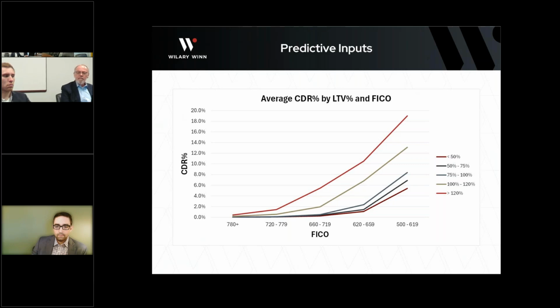One is if you're underwater, you're just more apt to mail the keys, right? Even if you have a high FICO score. Or if you're in a lower FICO score and you're underwater with respect to LTV, you can't do anything about it. So you can't refinance. It's difficult. If you sell, you're going to sell at a loss. And so it's really important to think about LTV and FICO combined with respect to residential real estate loans.